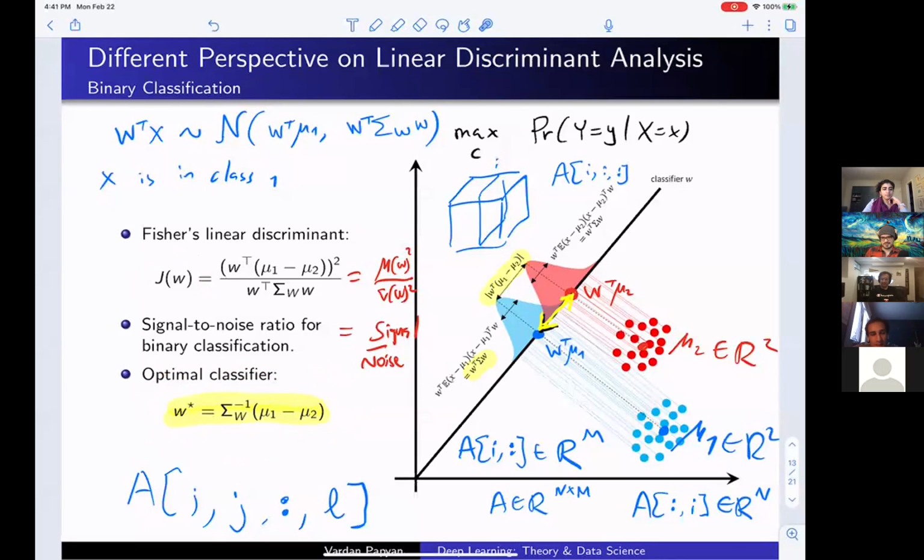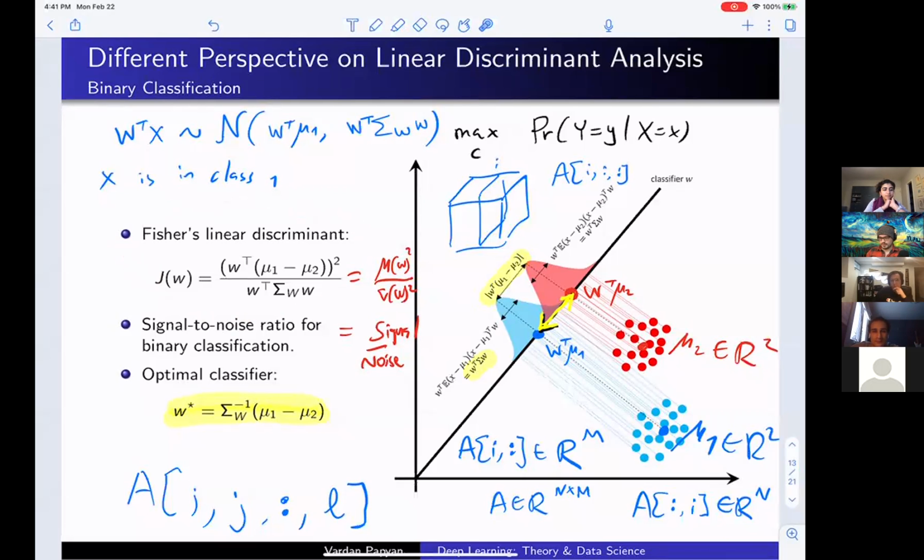Does this look somewhat similar to anything that you've seen very recently? That was WC, that is correct. Yes, thank you, Gina. That is the WC of linear discriminant analysis. So linear discriminant analysis is maximizing the Fisher linear discriminant.